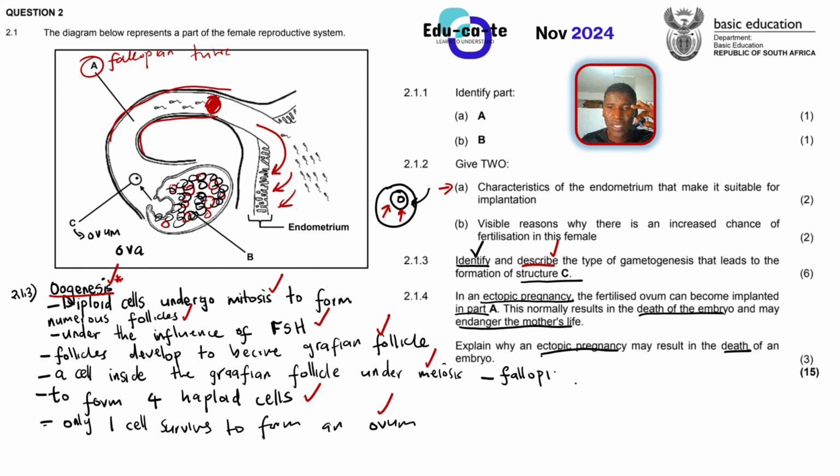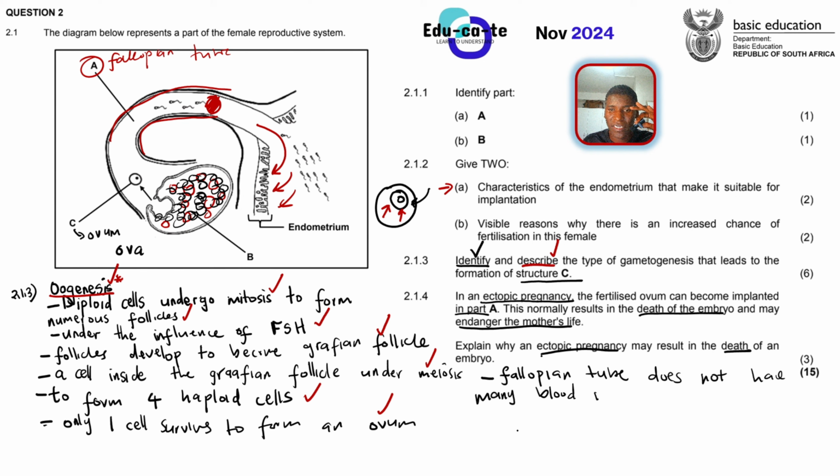Write it in your own words, but it must be in the same context, to describe that the fallopian tube does not have many blood vessels, or is not enriched with many blood vessels. Because how does that affect things? How does that cause the embryo to die?